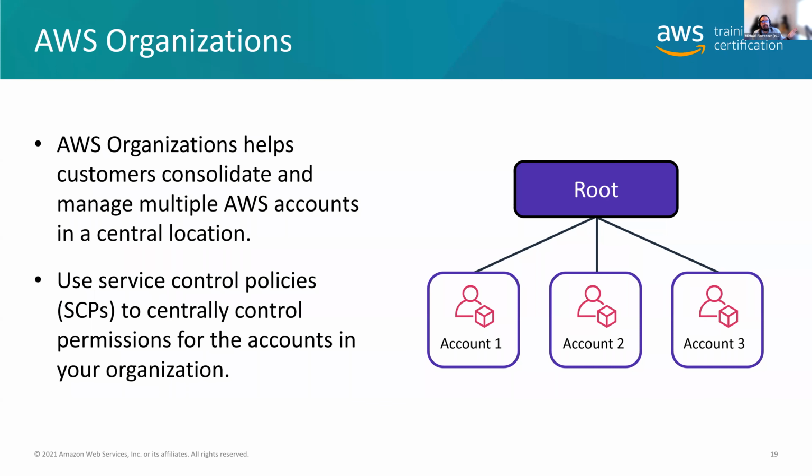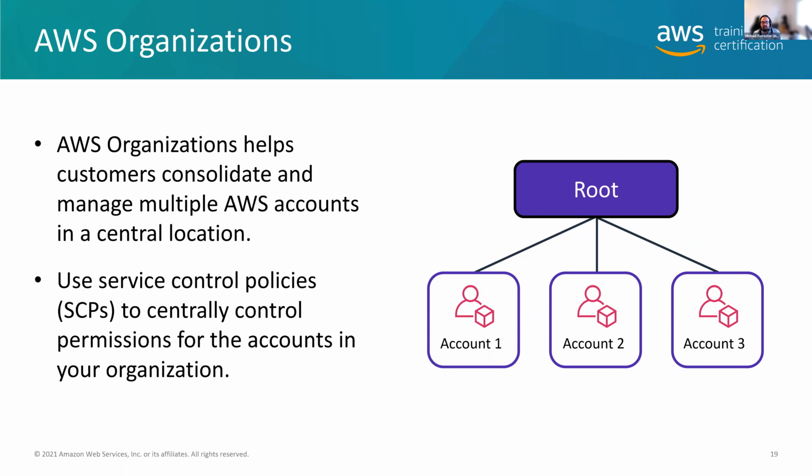Organizations lets you consolidate and manage multiple AWS accounts under the same umbrella. This includes billing, compliance and control, auditing, enforcement as well. So it allows you to control permissions for your entire organization.